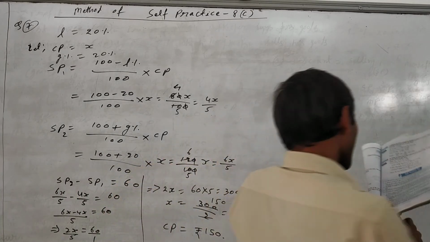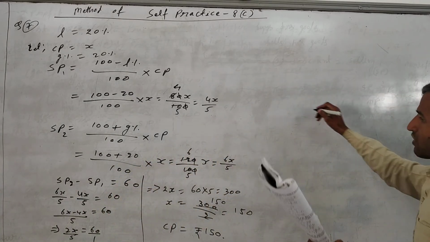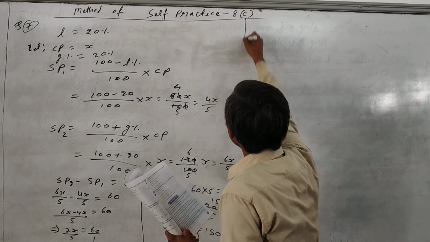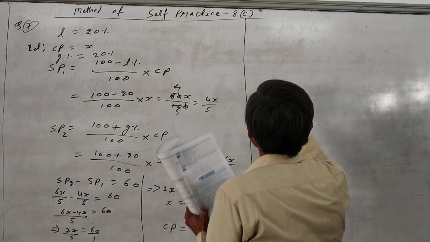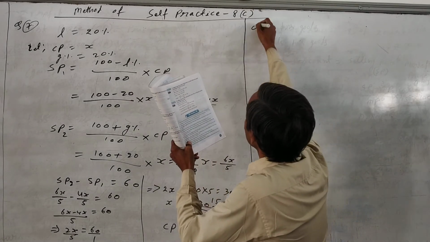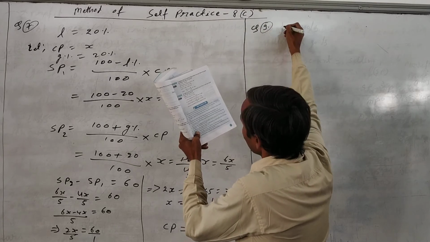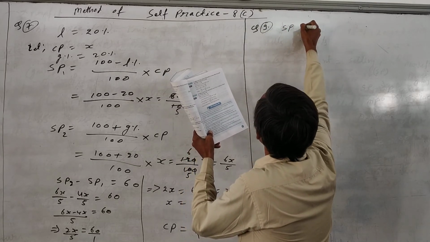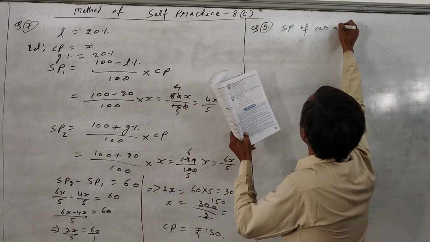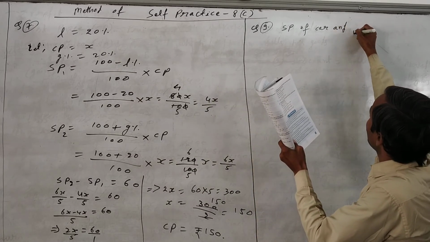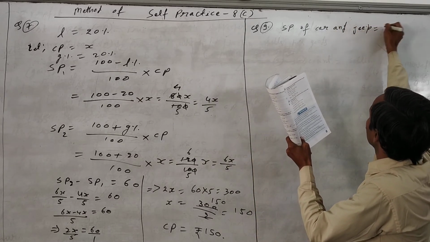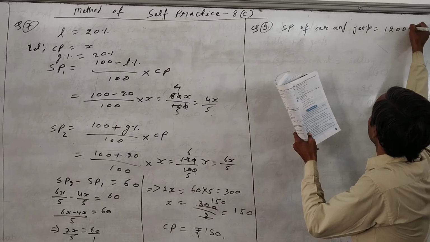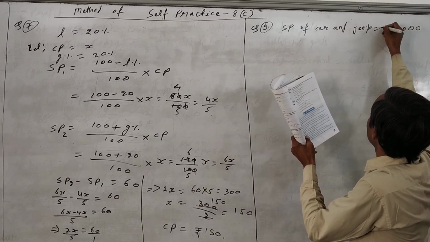So here SP for both is given. So first of all we have to find CP for both. So question number 9. Here SP of car and jeep is equal, both 1,20,000 rupees.